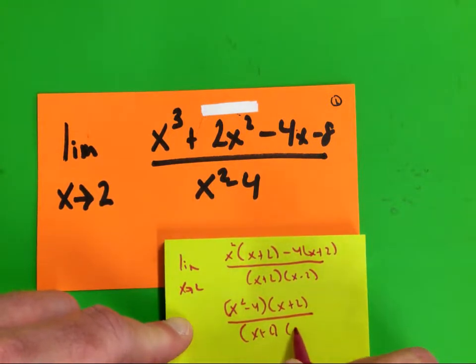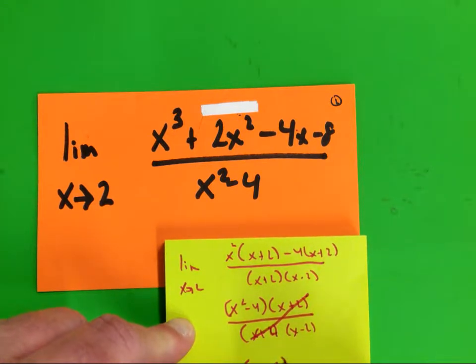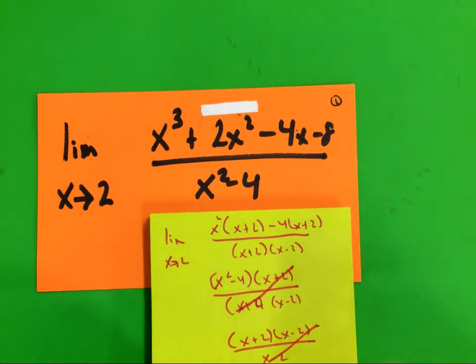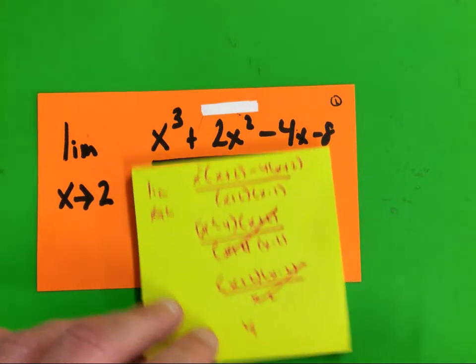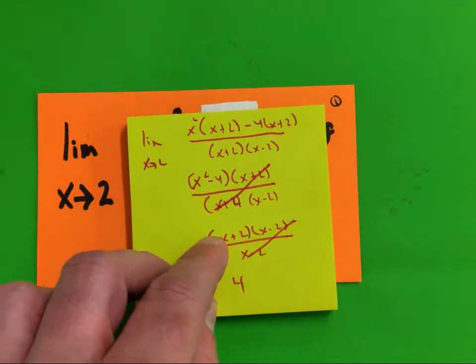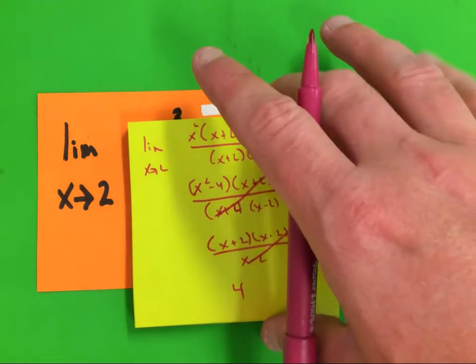There's a lot of factoring in this problem, wasn't there? What did you get for your final answer? 4, because I get down here to this last step, the different squares cancel out, and then at the end I apply direct substitution. 2 plus 2 is 4.